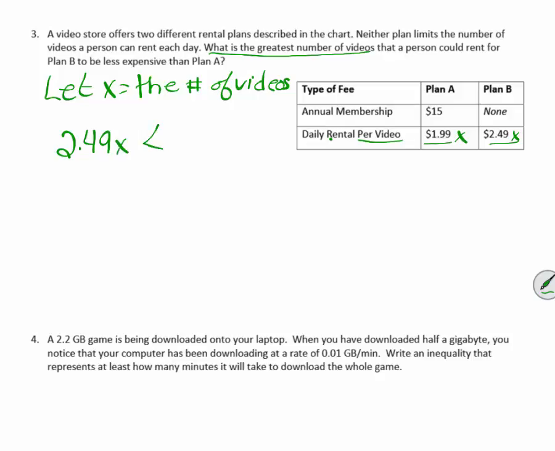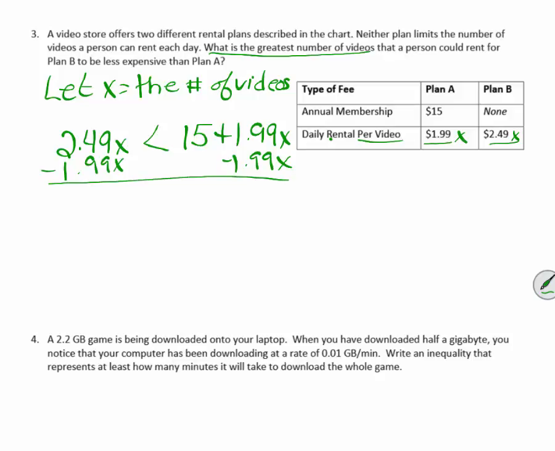I want that to be less than Plan A. Plan A is $15 plus $1.99x. $1.99 per video. So I'm going to subtract $1.99x from both sides. And that's going to give me 50 cents x less than 15. Divide by 0.50. So x is less than 30 videos.